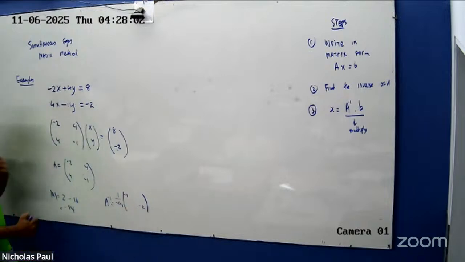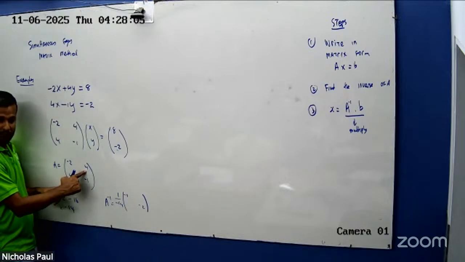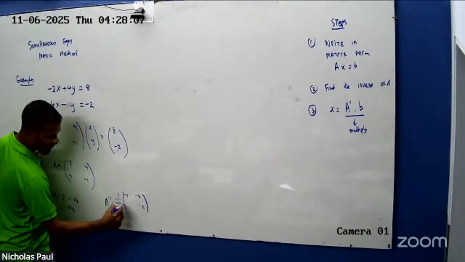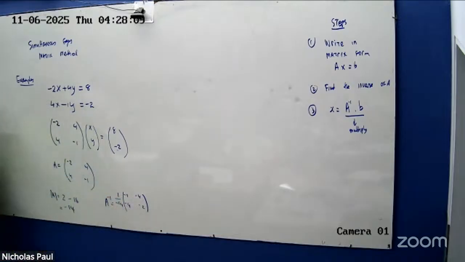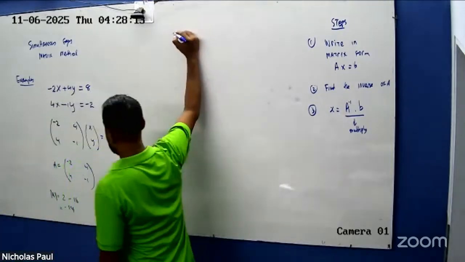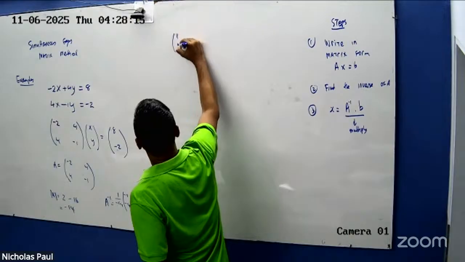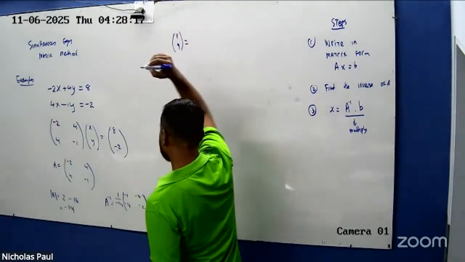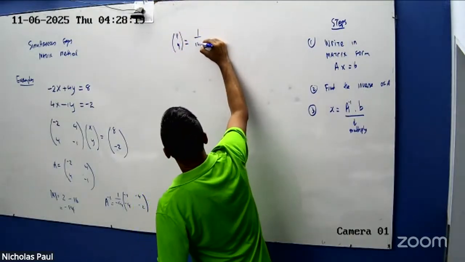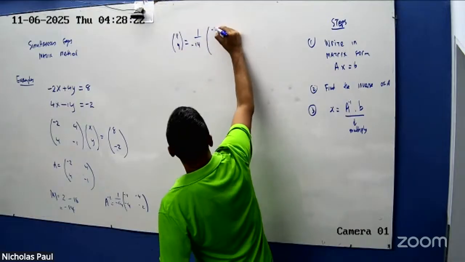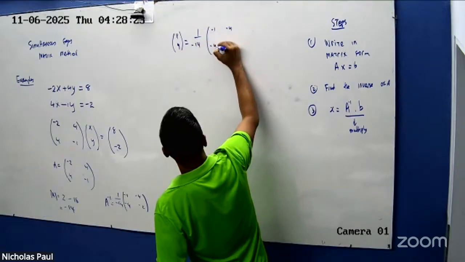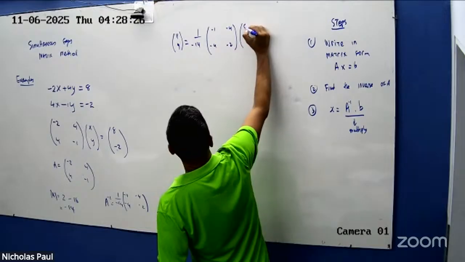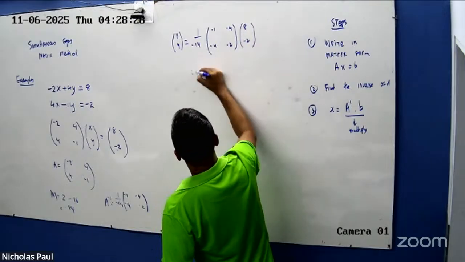Then change the signs of the other two. Then to find xy, you multiply 1 over minus 14 by minus 1, minus 4, minus 4, minus 2, and you multiply it by 8, minus 2.